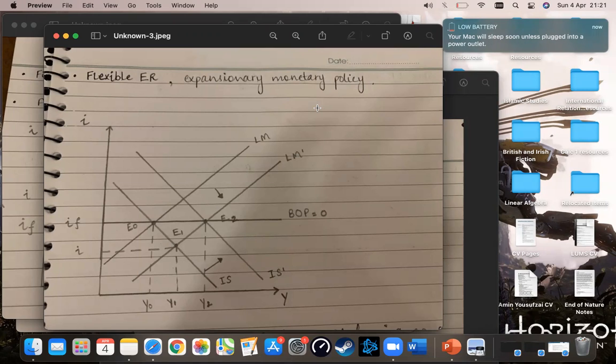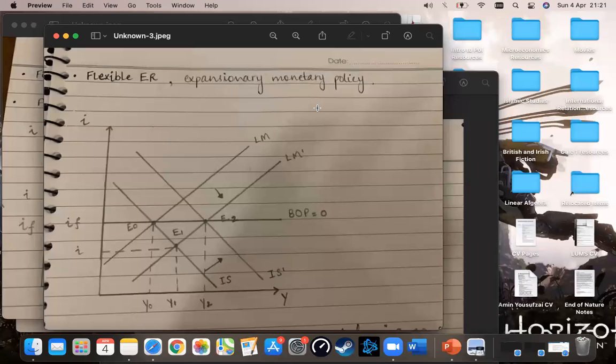The expansionary monetary policy will bring about an increase in money supply, which will cause the LM curve to shift to the right, therefore decreasing the interest rate once again and causing the currency to depreciate due to capital outflow. However, this time, since there is no intervention by the central bank to keep the exchange rate fixed, we will be focusing on the impact on net exports.